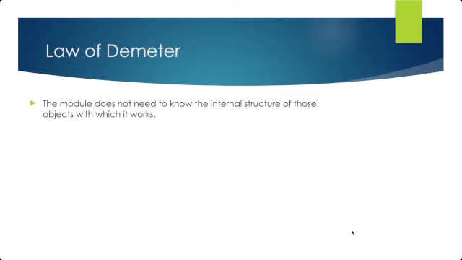Okay. So the law of Demeter. It's also called the principle of least knowledge. It means that a module should not need to know the internal structure of the objects it works with. In other words, talk only to your direct contacts, not to their contacts.